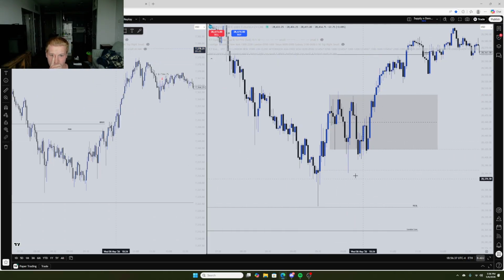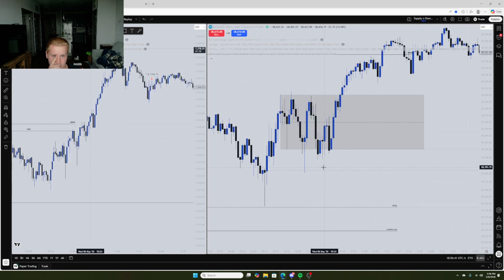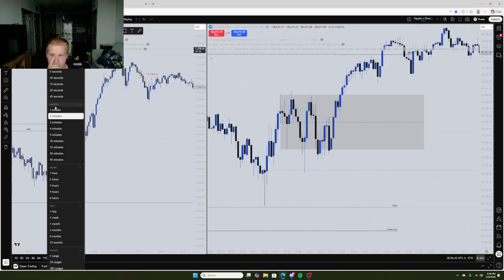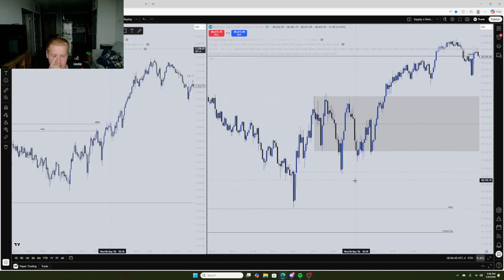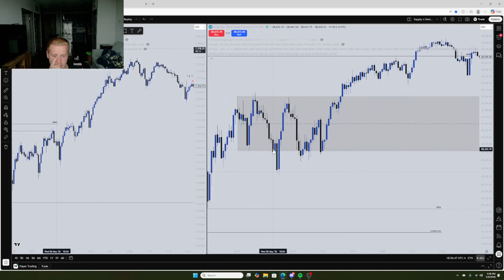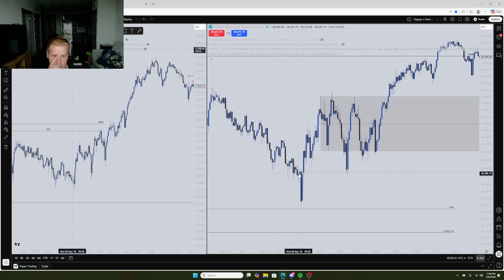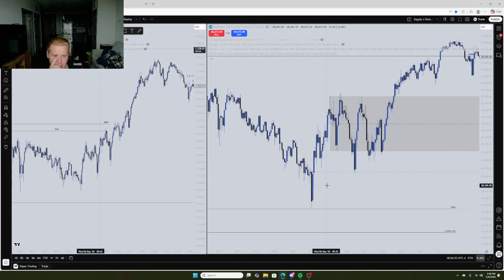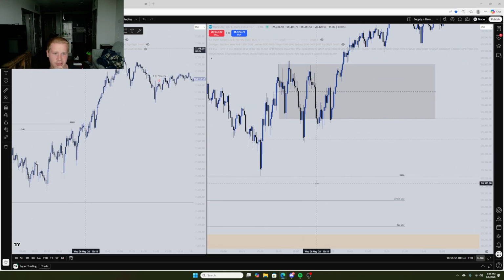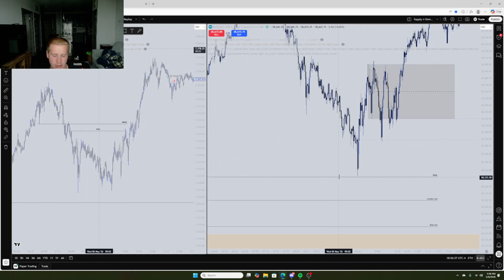There's no real break even area, in my opinion, just because we closed below my 5-minute. My break even honestly was this low, because once we hit this low, we really shouldn't come all the way back up.